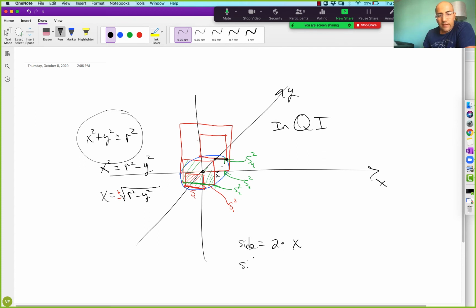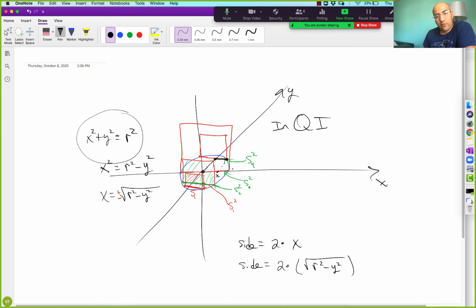So the side of each rectangle is going to be equal to twice the square root of r squared minus y squared, which means I'm integrating with respect to y, right? The way I've drawn it, I'm chopping up my space this way.